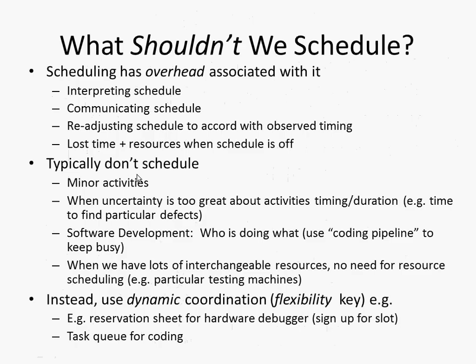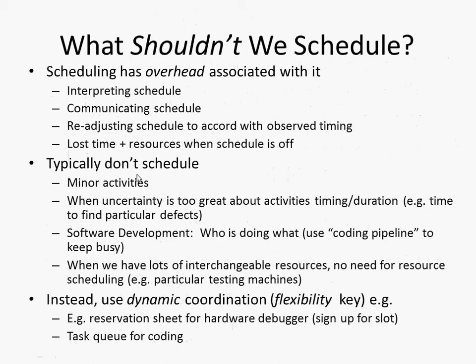There are some things in these projects you typically don't schedule, okay? Minor activities. When your uncertainty is really great about how long an activity takes, for example, and it's at a very fine scale, it takes too much work to schedule it, and you just handle it dynamically. For example, who takes on a given task often isn't pre-assigned.